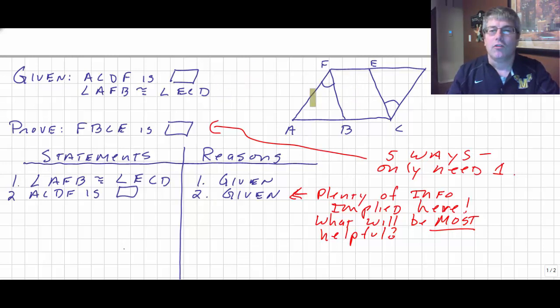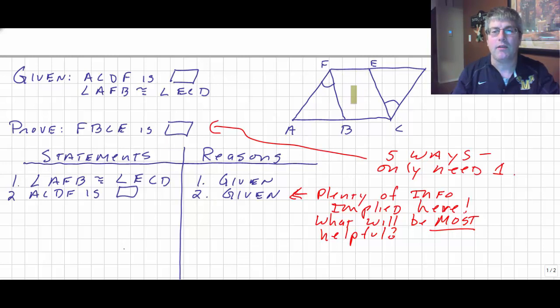Okay? So, what are we going to do here? There are so many things that go along with this given. ACDF is a parallelogram. We're given that. So there's plenty of implied information here, but what is going to be the most helpful? And also now we want to prove that this is a parallelogram on the inside.